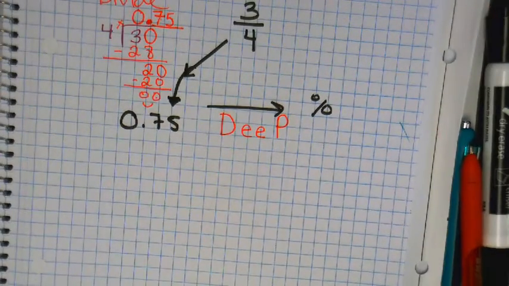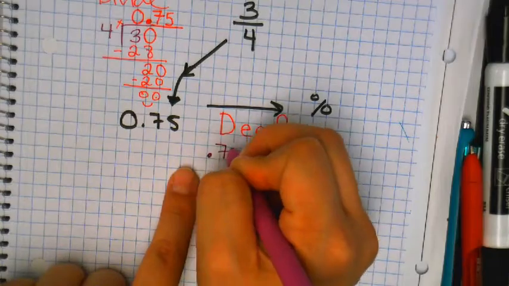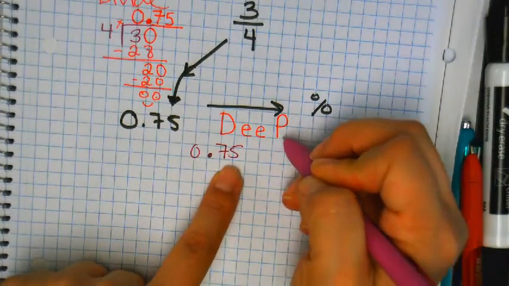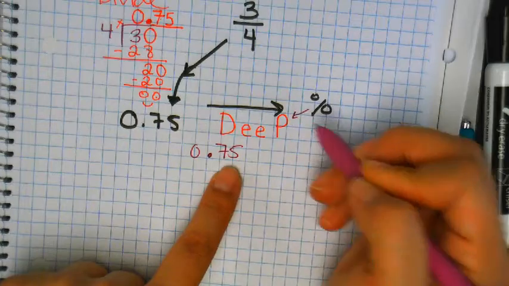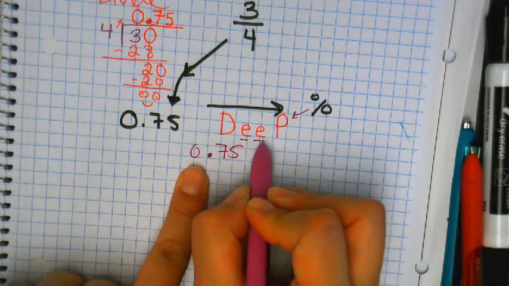All right. So this is my decimal, 0.75. To turn it into a percent, you're going to move the decimal 2 times to the right.